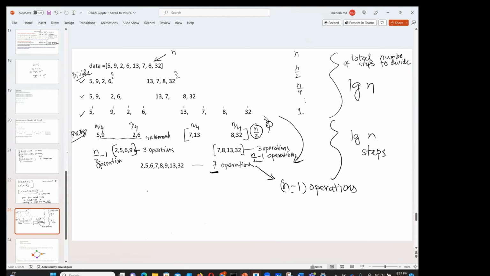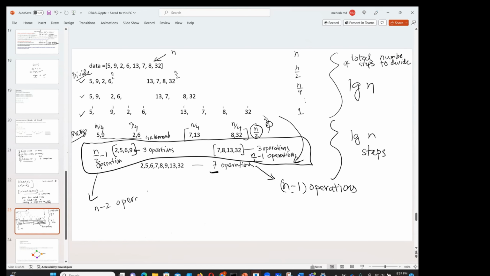So in this level, how many total operations did I need? n over 2 minus 1 plus n over 2 minus 1. That means n minus 2 operations, right? Now how many merge steps did we have?